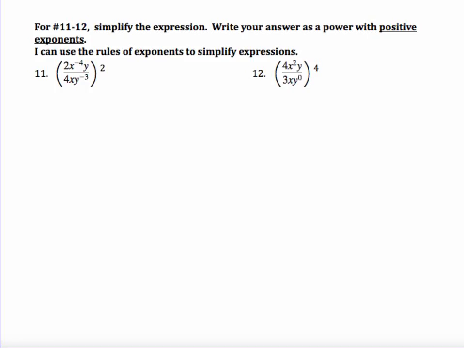All right, 11 and 12 were the two most missed problems on the quiz, so we want to take a look at those. For number 11, we have this thing in the parentheses being squared. We talked about how everything inside of this parenthesis is going to be squared.